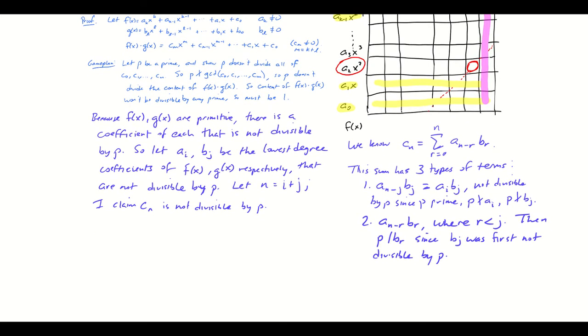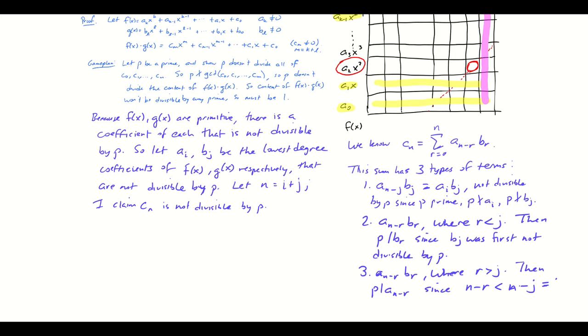And then the third type is a sub n minus r, b sub r, where r is greater than j. So where r is greater than j, I claim p divides a sub n minus r. Since n minus r is less than n minus j, since r is greater than j, we're subtracting something bigger, so we should end up with something smaller.